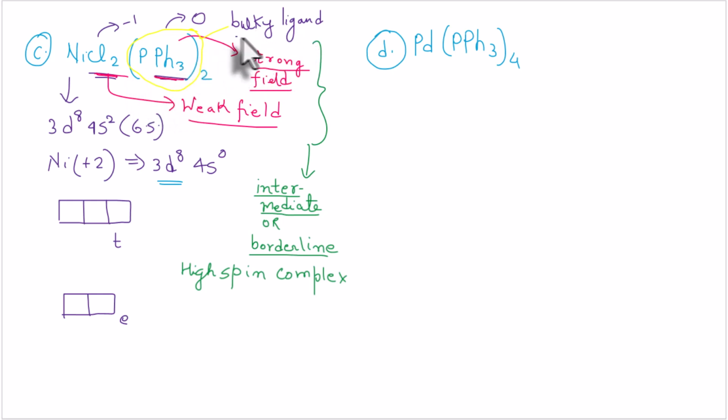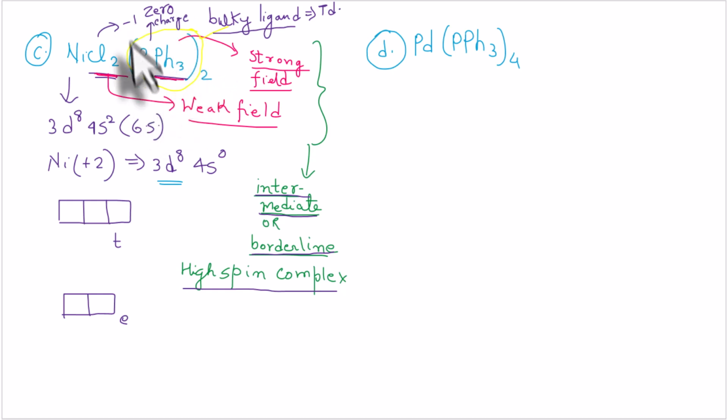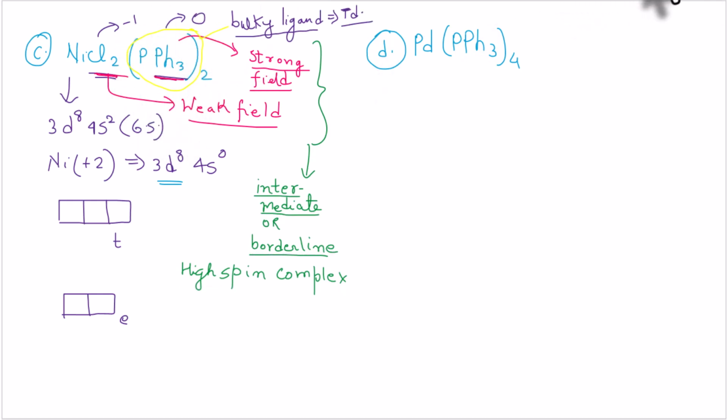That is why, because of the presence of this bulky ligand, the complex attains a tetrahedral structure, because in a tetrahedral structure the ligands will be around 109 degrees apart, while in a square planar structure these will be 90 degrees apart. So that is why this complex prefers a tetrahedral structure in order to avoid steric overcrowding of the bulky triphenyl phosphine ligands. And we know very well that tetrahedral complexes are mostly high spin complexes.